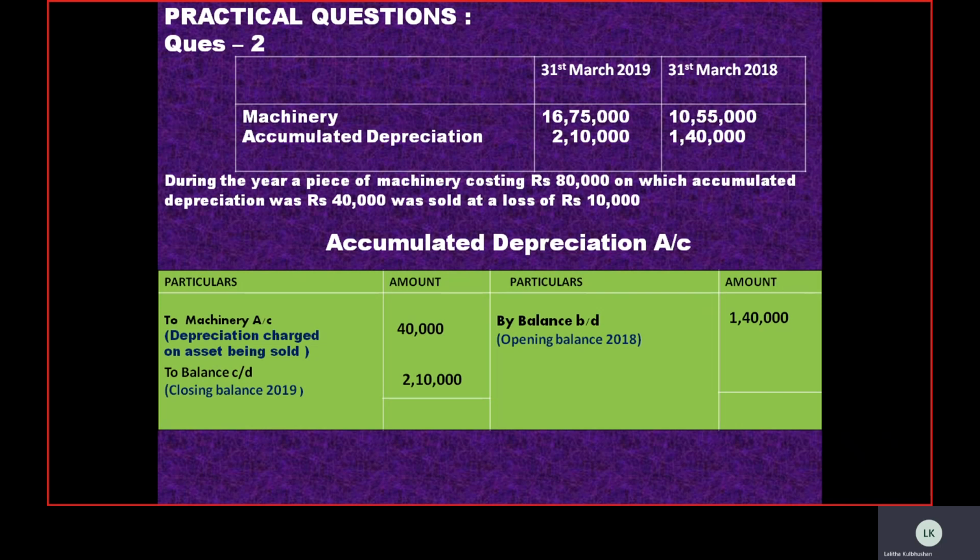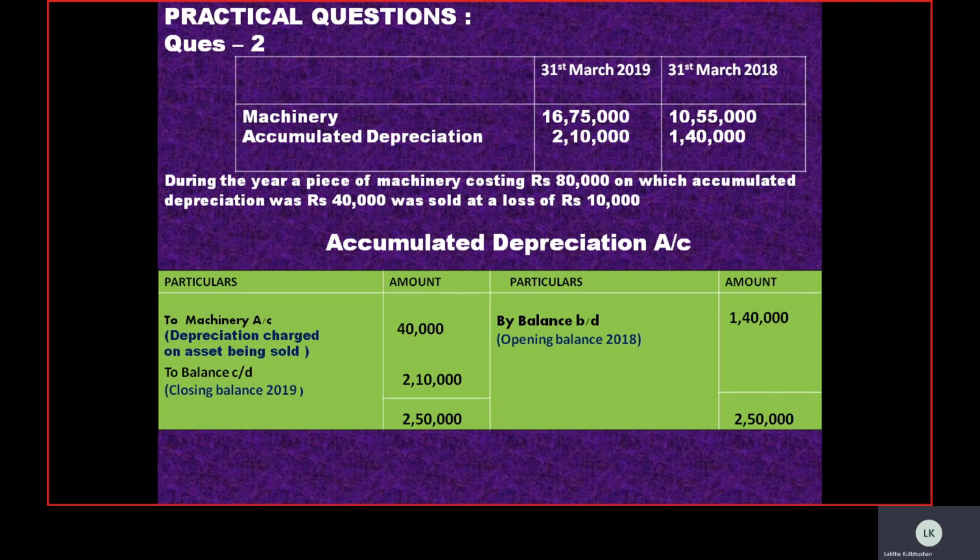So children, as I told you, three information is given. The maximum items in the accumulated depreciation account is 4. Out of that, three information has been given. So therefore you can find there is some item missing on the credit side, and that item is called by statement of P&L. Even if you do the total, you can find the total of the debit side is also more in comparison to the right hand side, that is the credit side.